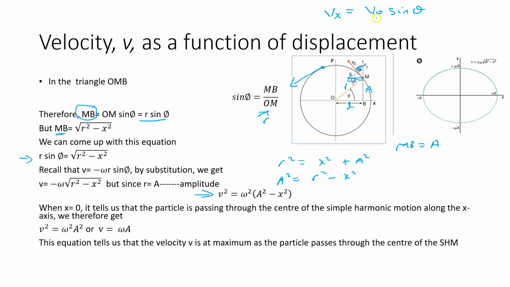But remember, this is minus by the way, because it's going towards the center. Remember, V naught is equal to omega times R, or rather, times A. So we could rewrite this to say Vx is equal to minus omega A times sine theta.